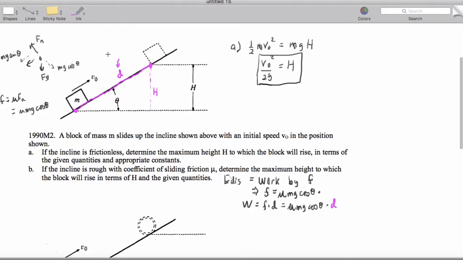So this is the distance of work done by friction. And let's use SOHCAHTOA. So we know h over d equals the sine of theta. So the distance in question is going to be h over the sine of theta. And I'm actually going to use that right here.